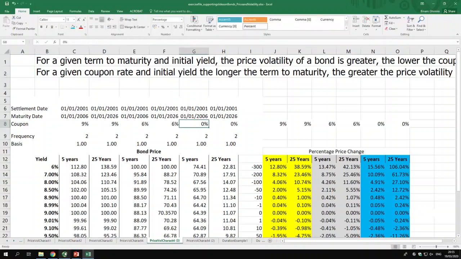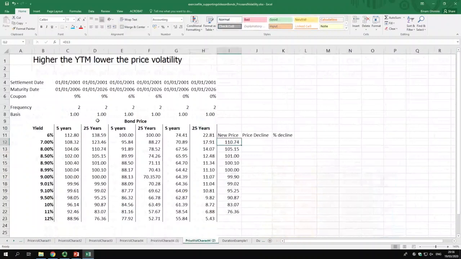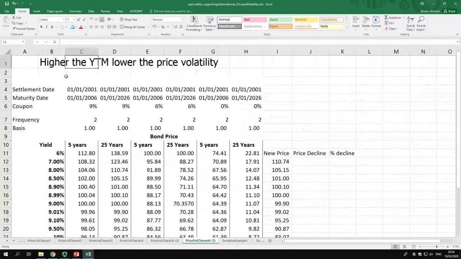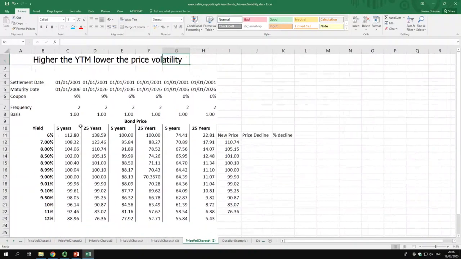So now we would quickly talk about another important relationship, which is, the higher the yield to maturity, the lower the price volatility. Now let us assume that the yield to maturity has gone up.